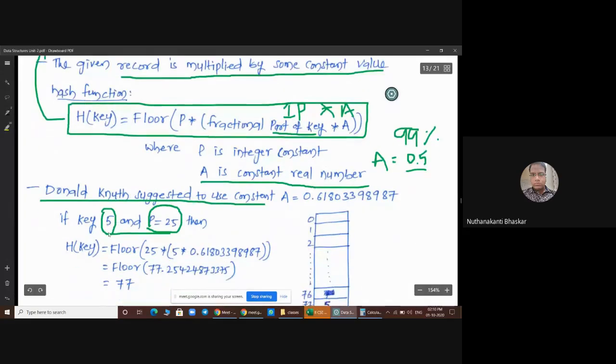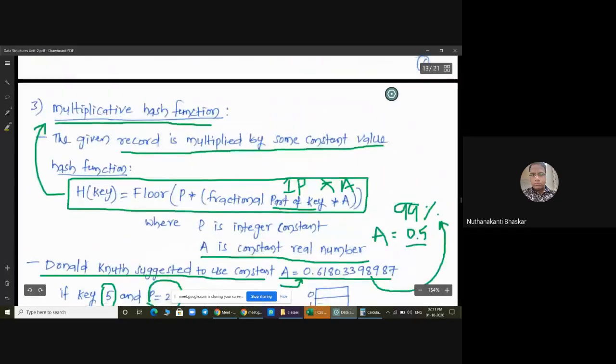But Donald Knuth mentioned that after his research, he found a value, 0.61803398887. If you use a value like this, you cannot get collisions, 99% you cannot get a collision.